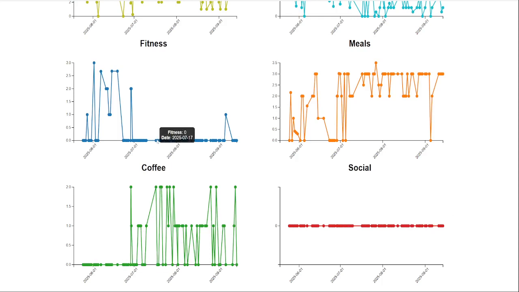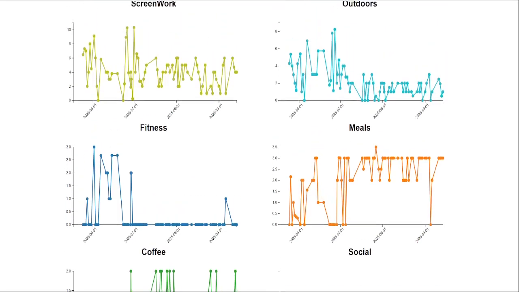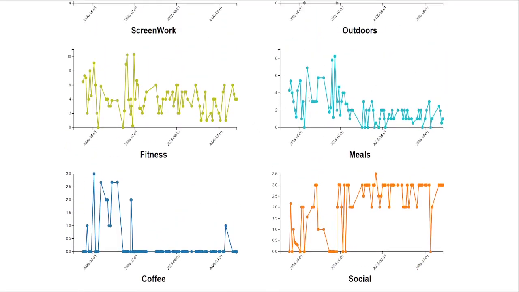I gave up measuring fitness at some point, and if you look at the number of hours I spent outdoors, I used to switch my timer every day I stepped outdoors, but then I got lazy, and at some point I was just recording those numbers late into the day, trying to remember how much time I was outside. And as you see, the statistics for this data are very different compared to those recorded early in the project.